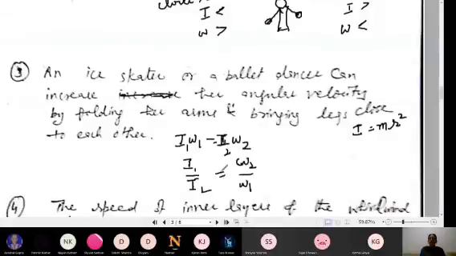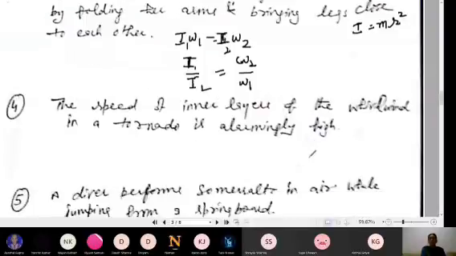So if you know the I, it is coming inversely to omega. So inverse relation is there. Similarly, on the same basis, we can explain this. The inner layers of a tornado is high because again R is less, so I is less, so omega has to be more.